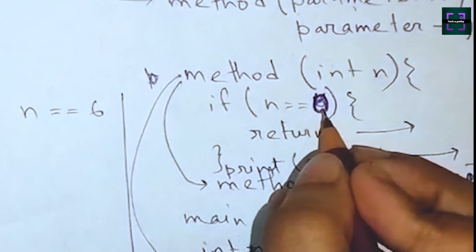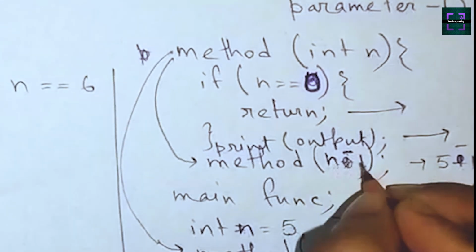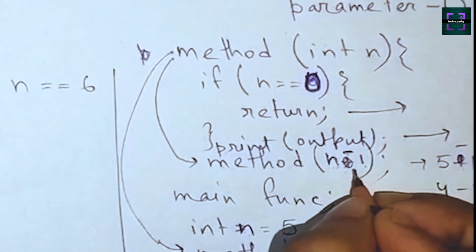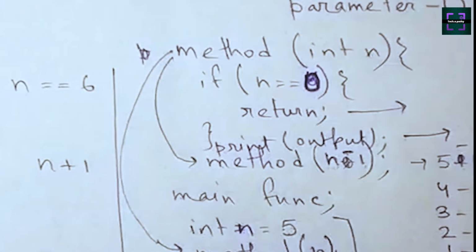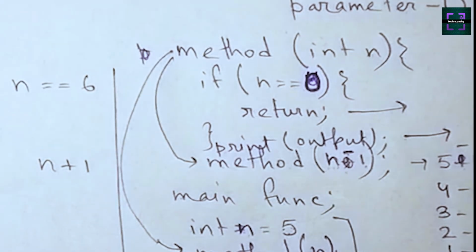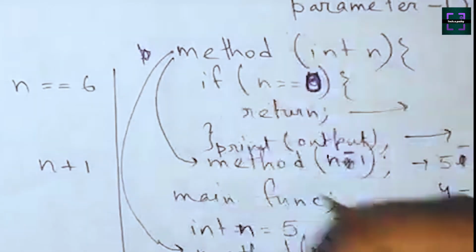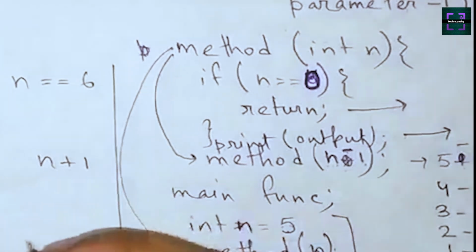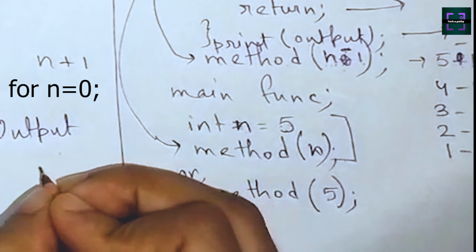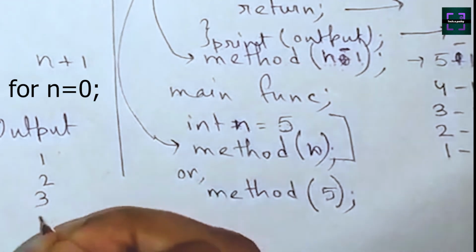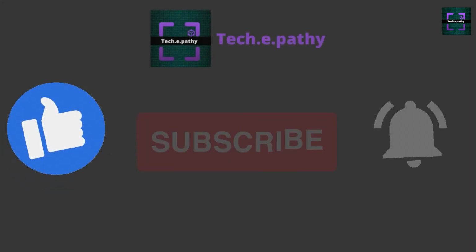When n equals 6, it will return. And here n plus 1, instead of n minus 1, we will use n plus 1. And the same thing we have to do to print, and our output will be, in that case, 1, 2, 3, 4 and 5.